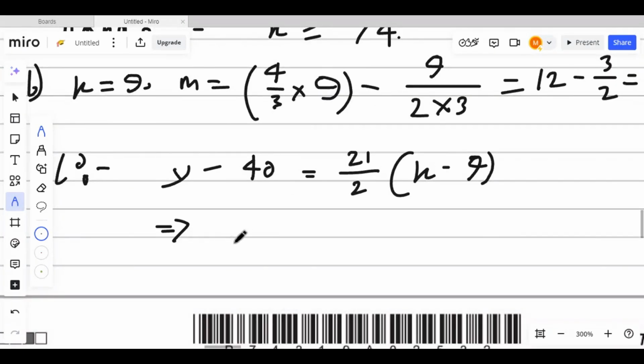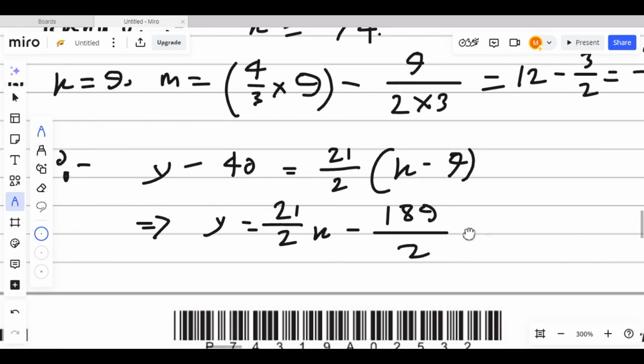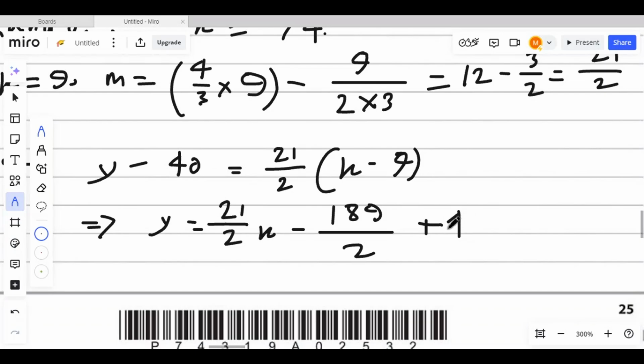So the equation of line L is y equals 21 over 2 x minus 189 over 2 plus 40.